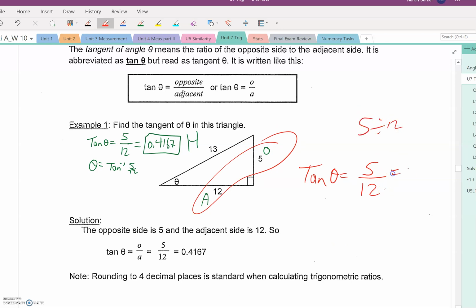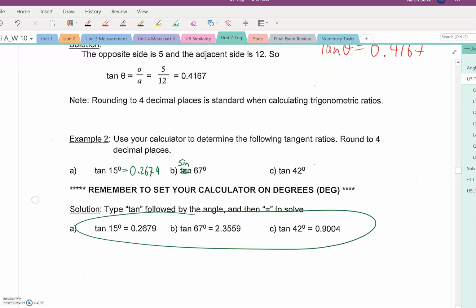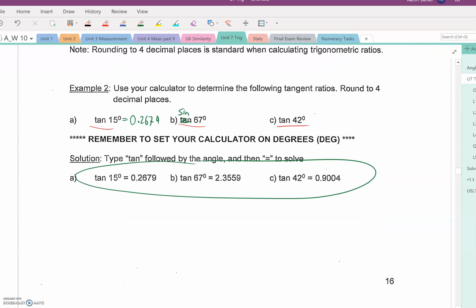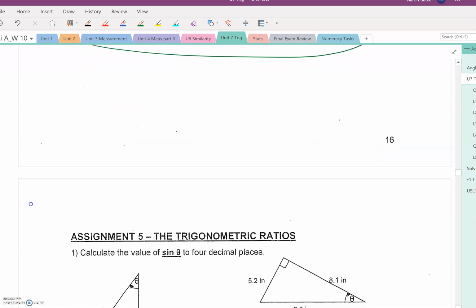You go to 4 decimals, 0.4167. So we can say tan theta equals 0.4167. And so then you can go and do these, and you're good to go. Make sure your calculator's on degrees. If you're having any trouble with these, see me, I'll help you.